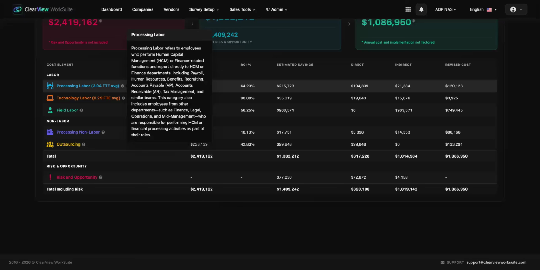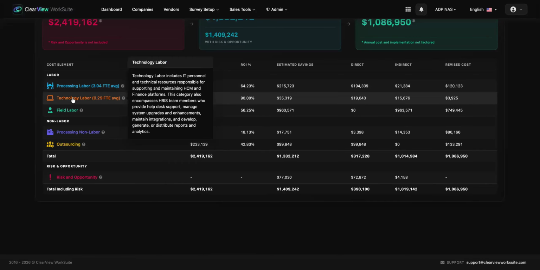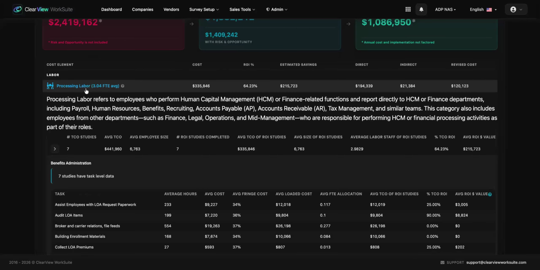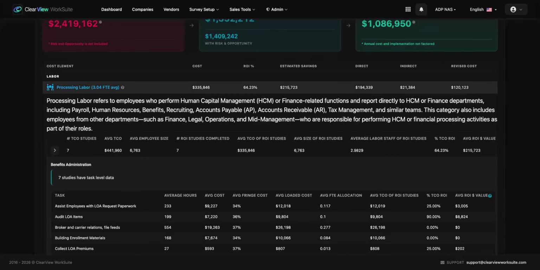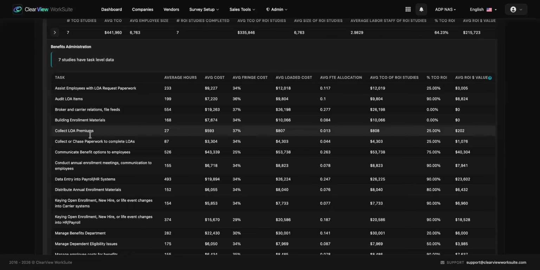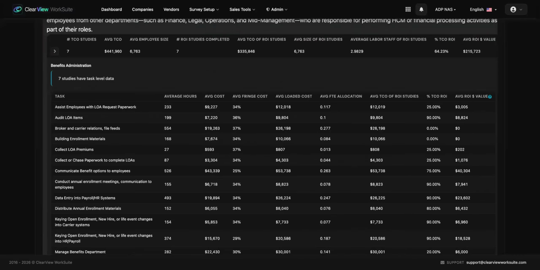So also we've got some glossary of terms here. If we click these little question marks, it'll tell us what the item is. And then if I open them up, it'll actually give me, we're looking at processing labor here. Average is 3 FTEs. This is all the work that would go away based on an implementation to the Lyric product.